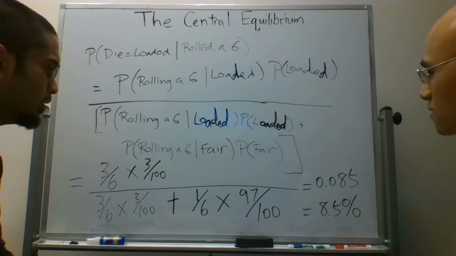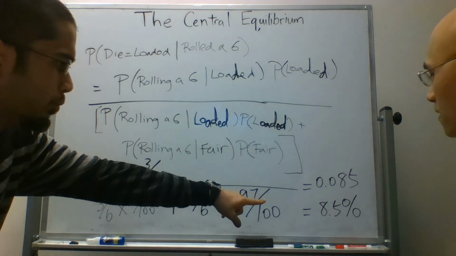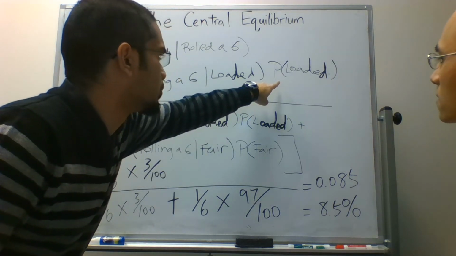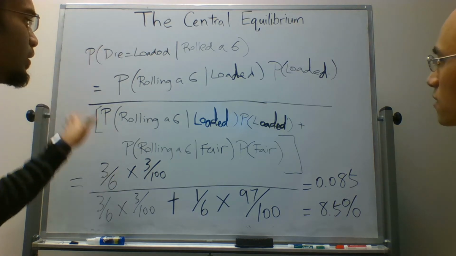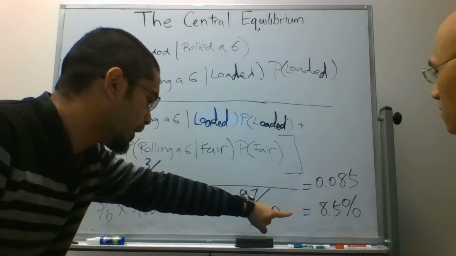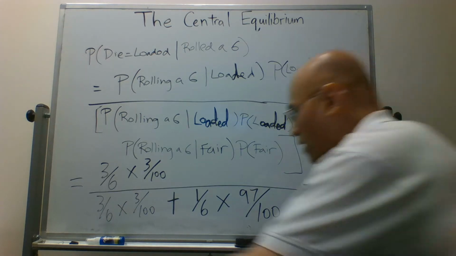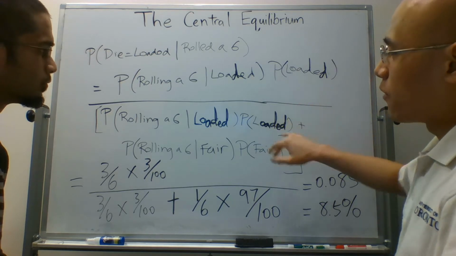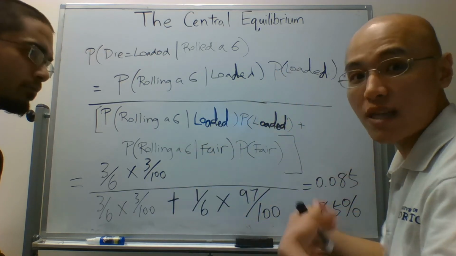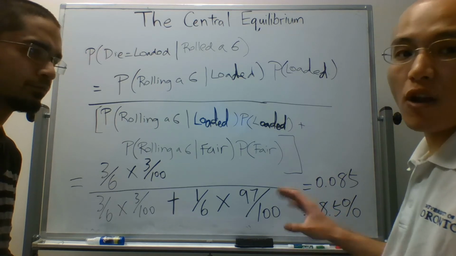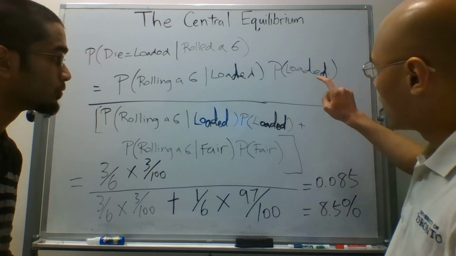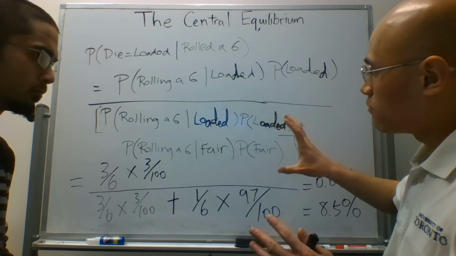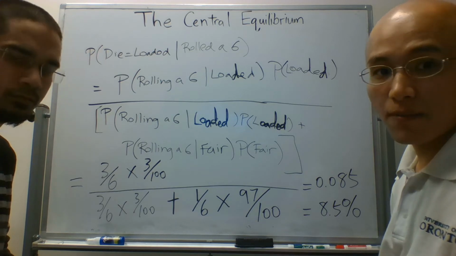This is our posterior probability. What we have here is the prior probability, and applying Bayes' theorem gives you your posterior probability. When we say prior probability, we mean that before we collected any data, before we rolled any dice, we knew, based on our prior knowledge of the manufacturing process, that the probability of a die being loaded is 3%.